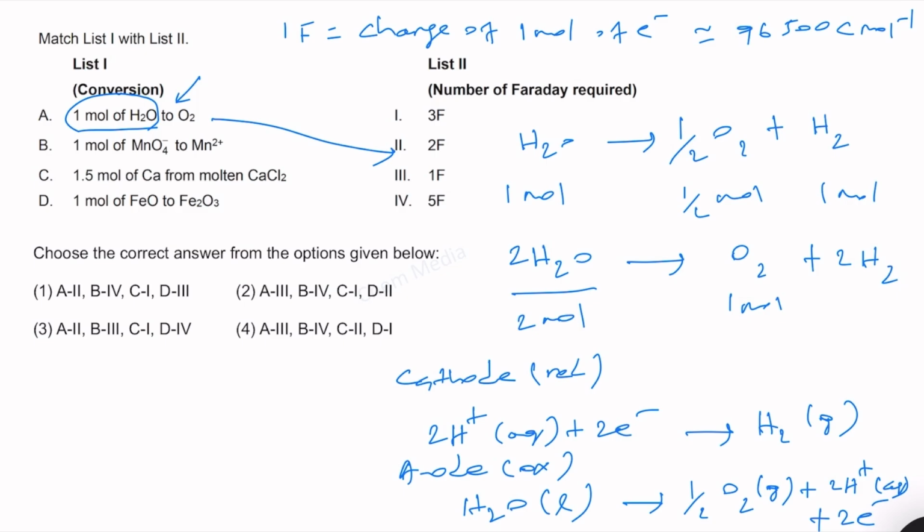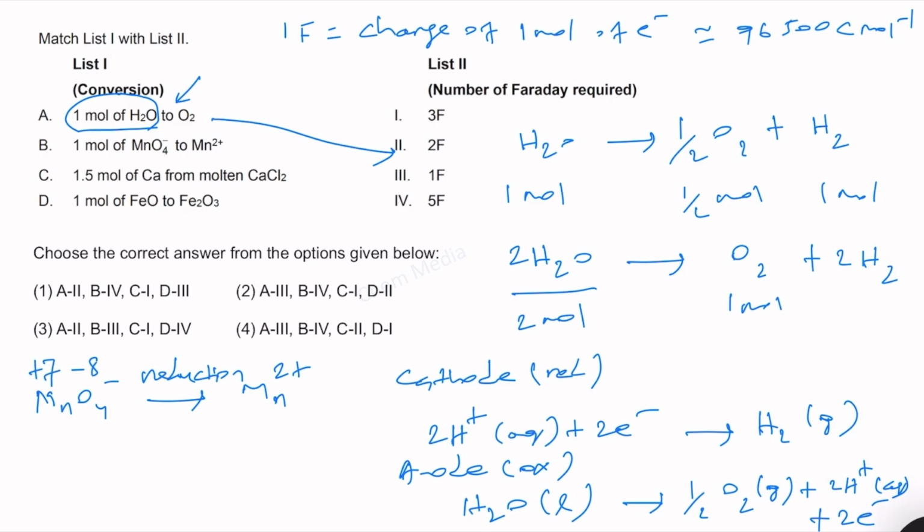This is a reduction reaction. Permanganate ion is getting reduced to Mn2 plus. Keep it in mind that increase in oxidation number is oxidation, decrease in oxidation number is reduction. This is obviously a reduction reaction, because if we put minus 2 for each oxygen, then this will be minus 8 and this will be plus 7.